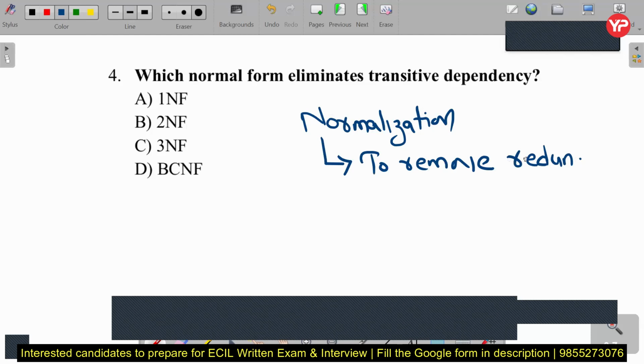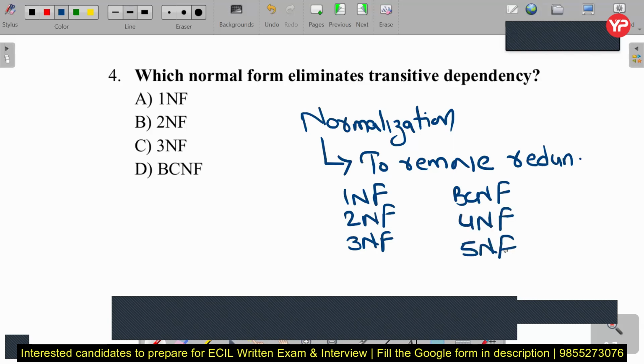Now, we have different types of normal forms: 1NF, 2NF, 3NF, then BCNF, and two more important normal forms, 4NF and 5NF. So the question asks about transitive dependency.